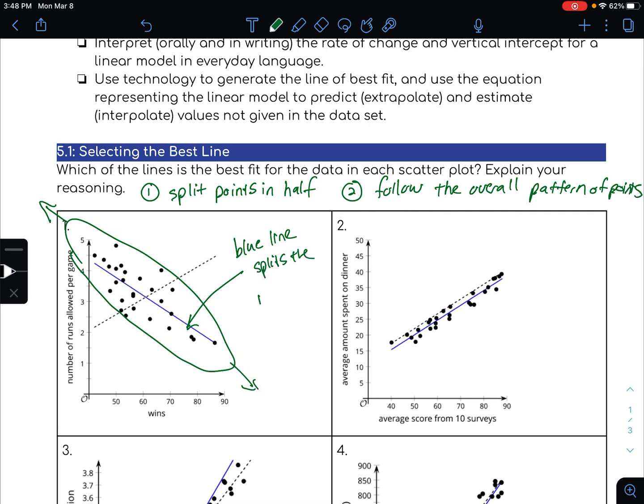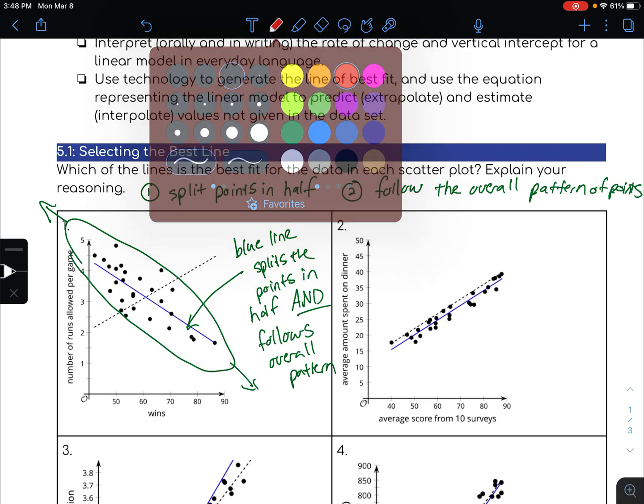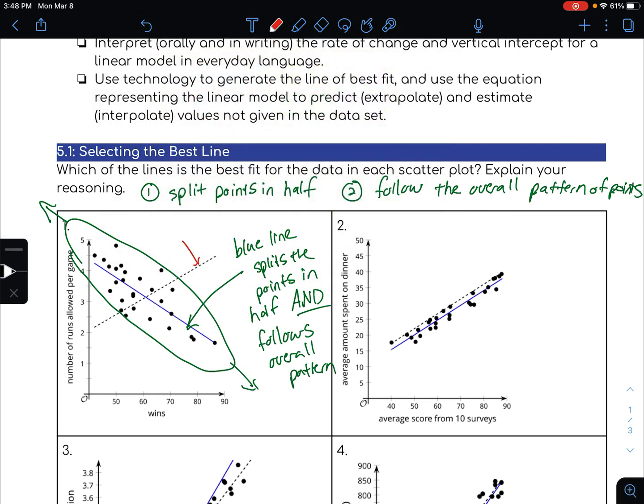So the blue line splits the points in half, approximately, and follows the overall pattern. Notice that the other line, this dashed line, doesn't really follow the overall pattern.